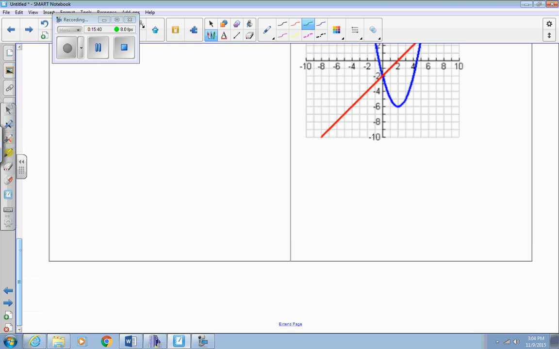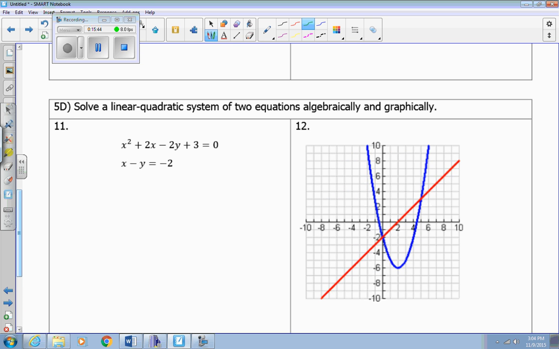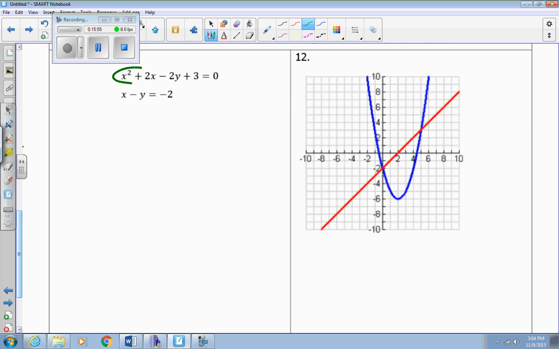D. Here we have to actually solve. So for 5D and 5E you solve. For 5D we need to set each equation equal to y. I'm going to take the top equation and set it equal to y.